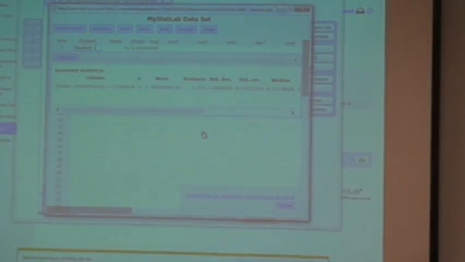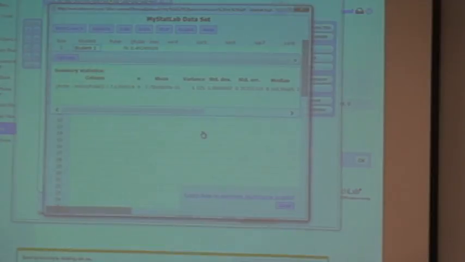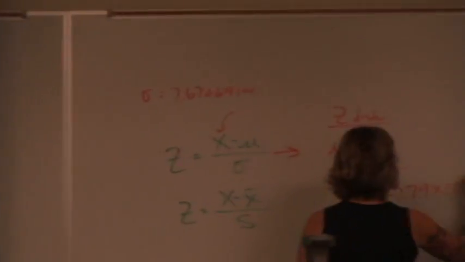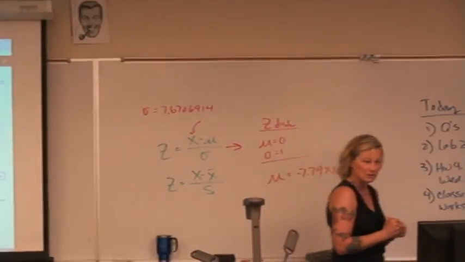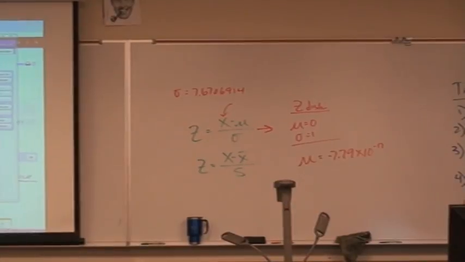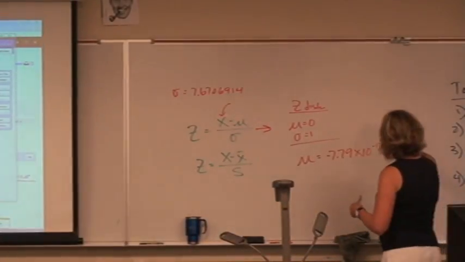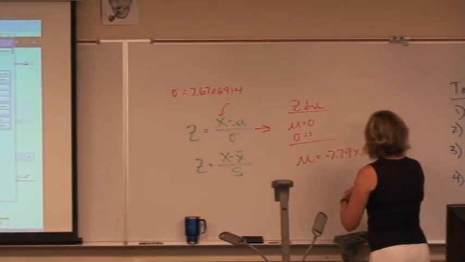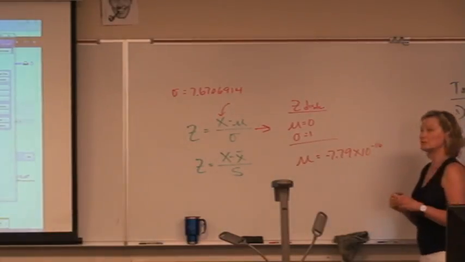Okay, so the mean of this particular data set is negative 7.79 times 10 to the negative 16. So that is pretty darn close to 0.